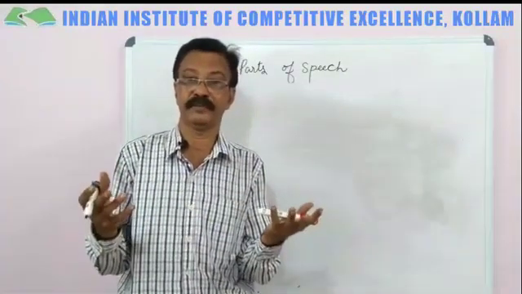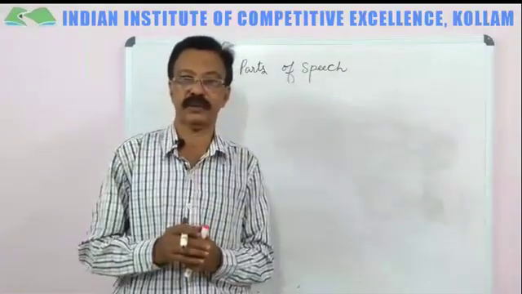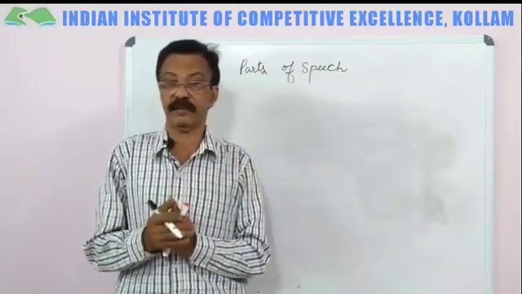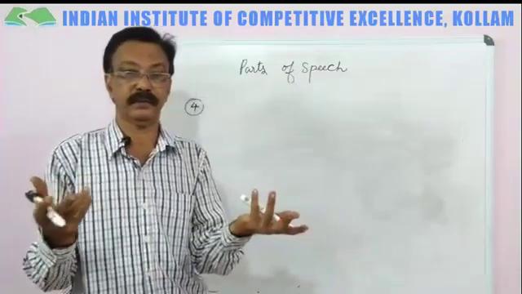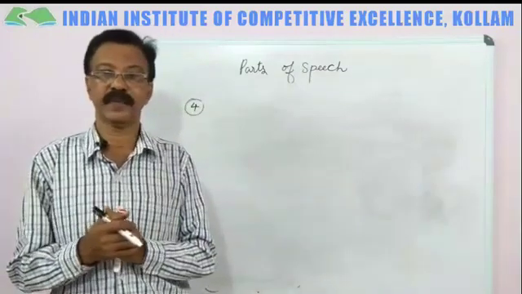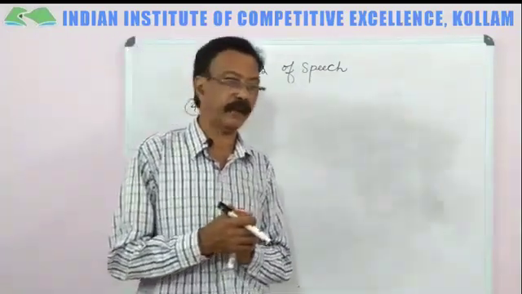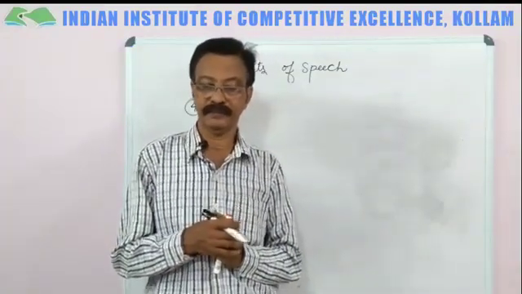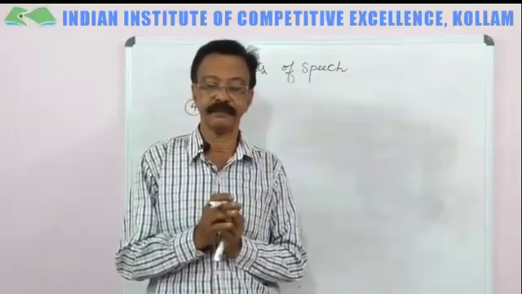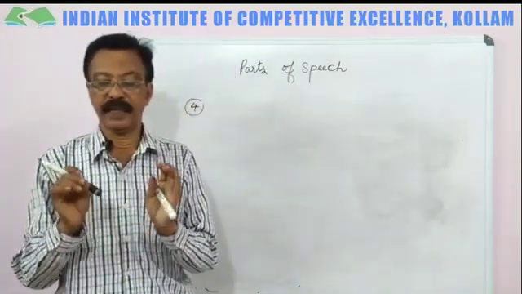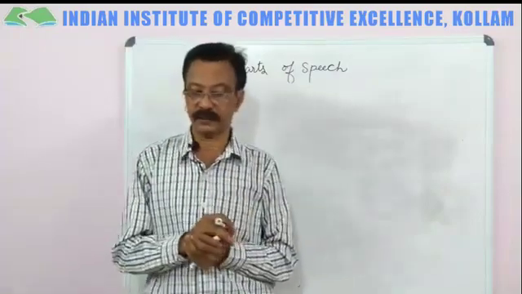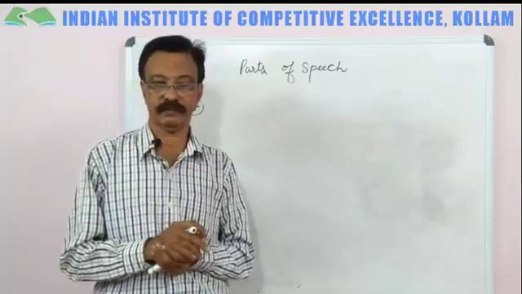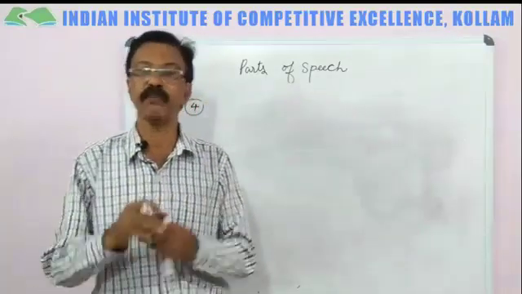What is a modifier? It gives a little description. A beautiful child, a pretty girl, a handsome young man, a beautiful lady. So adjective qualifies a noun or pronoun. It's a qualifier, a modifier.